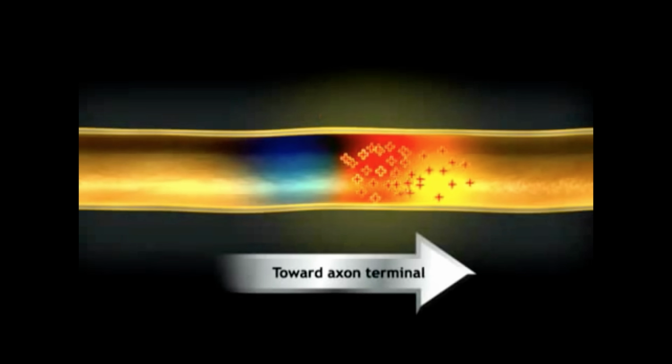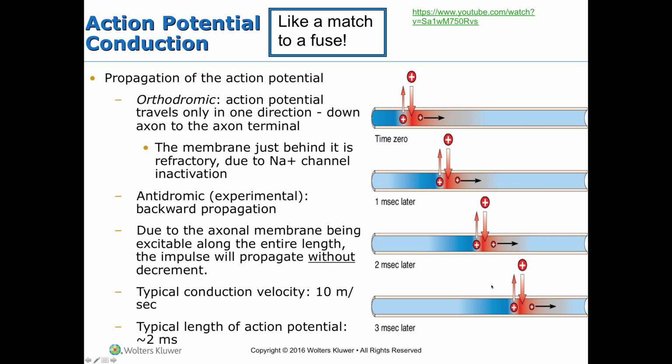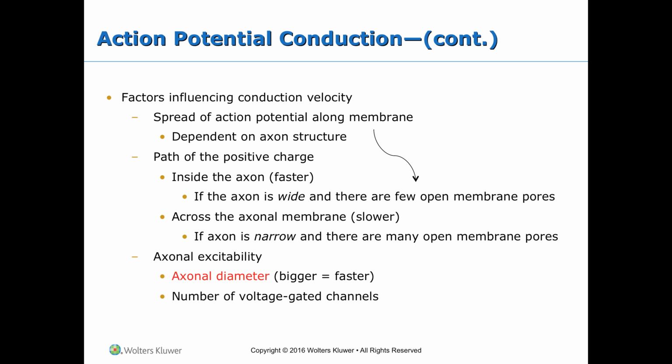Now let's watch the whole process at high speed. So in this fashion, you're going to have a traveling depolarization, because that's all the action potential is if you really think about it. It's a massive depolarization that's occurring, going down the length of the axon.